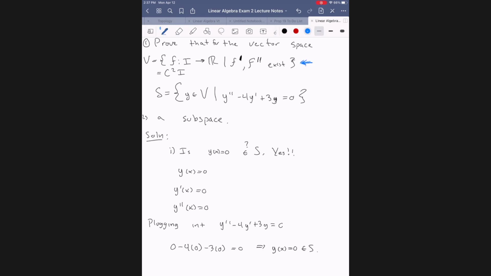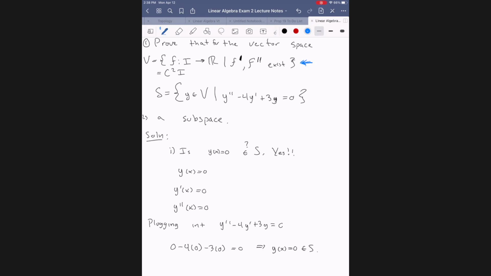It's the set of all functions on the interval I to R such that the first and second derivatives exist. What do things in there look like? Polynomials like x squared plus 1, sine, cosine, e to the x, ln of x. Are numbers in there as well, like 2, 3, and 4?